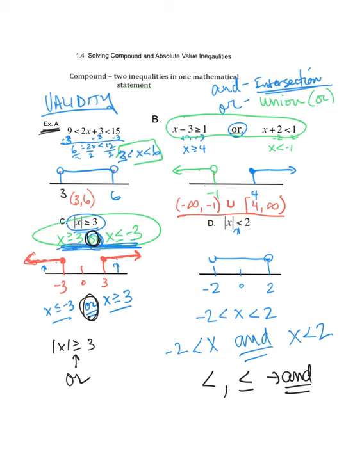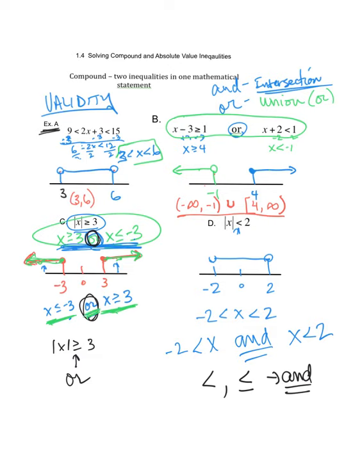And you guys graphed, well, it means it's more than 3 units away from 0, so this is what your graph looked like. And then I said, that is correct. So now, when you graph this, to the left is x is less than or equal to -3. This to the right is x is greater than or equal to 3. Your solutions either lie on this line or this line. That's where the OR comes from.